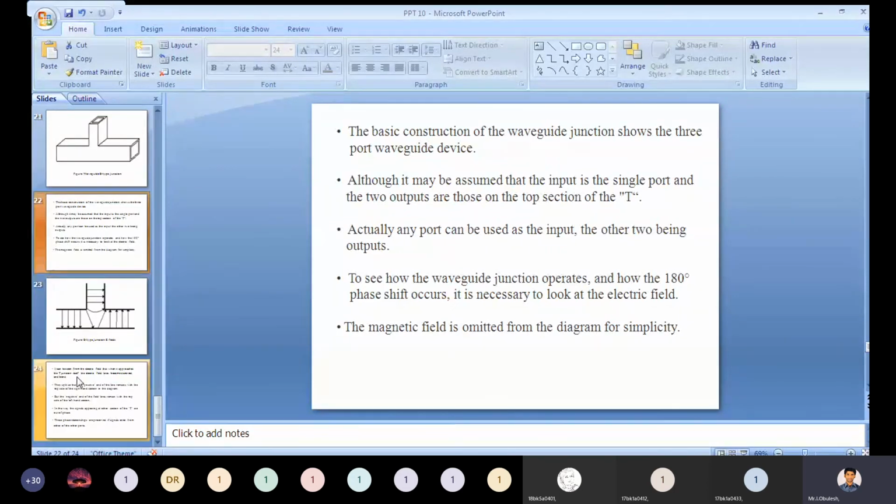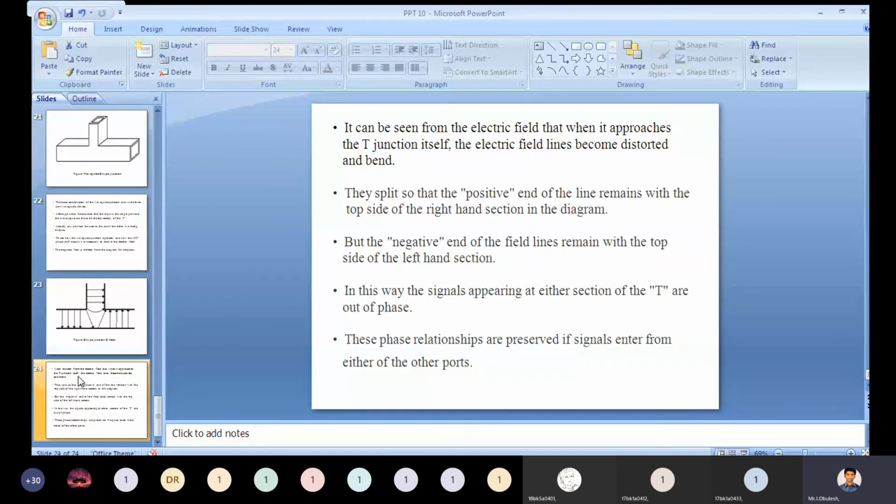It can be seen from the electric field that when it approaches the T junction itself, the electric field lines become distorted and bent.